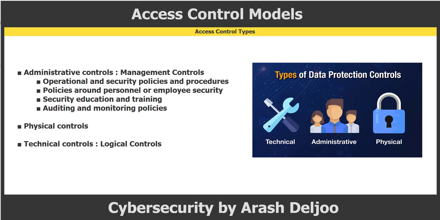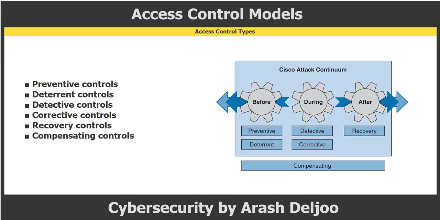Besides the administrative, physical, and technical classification, access controls can also be classified based on their purpose. Access controls can be categorized as having preventive, detective, corrective, deterrent, recovery, and compensating capacities, as detailed in the following list.